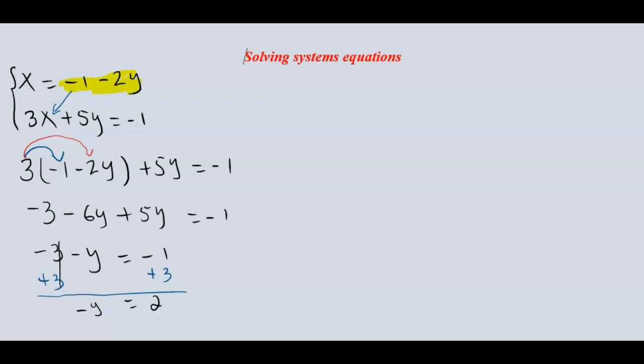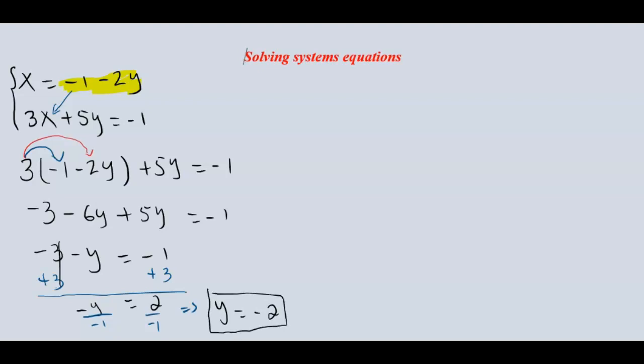Now, because we need y instead of negative y, we're going to divide both sides by negative 1, which implies that y equals negative 2. So that's the value for y.